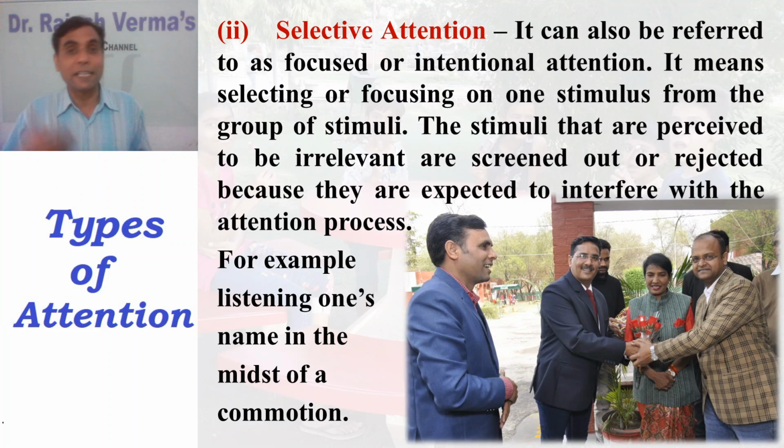Depending on these and other factors, you select one dish and reject all others. Rejection doesn't mean that you throw away. Rejection means you are not paying attention to the surrounding stimuli, because if you try to focus on others, they may interfere with the attention process.